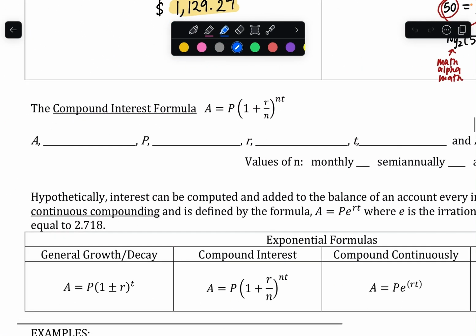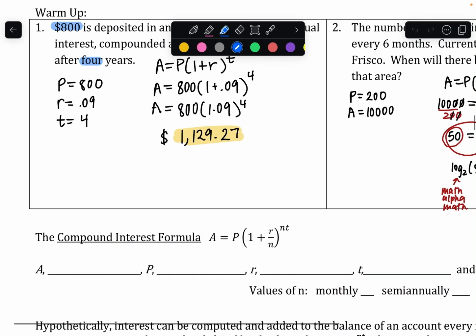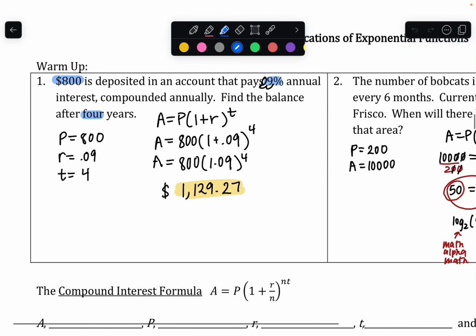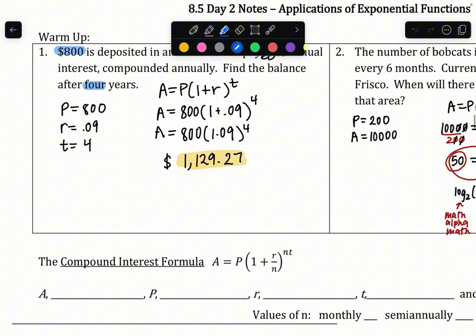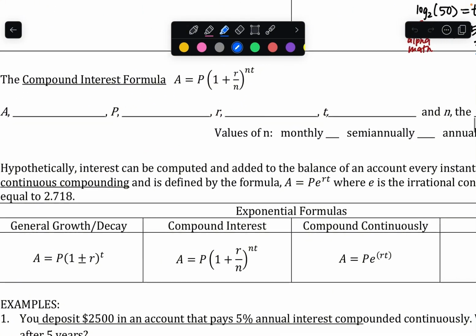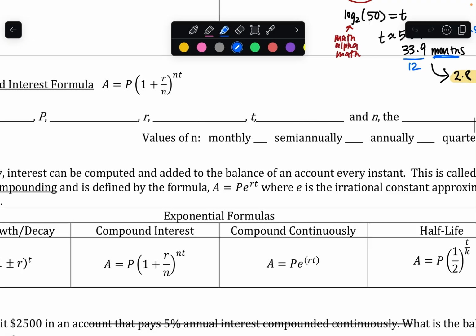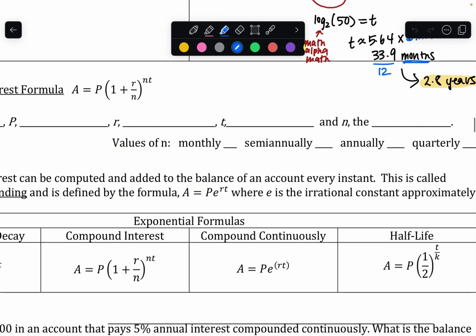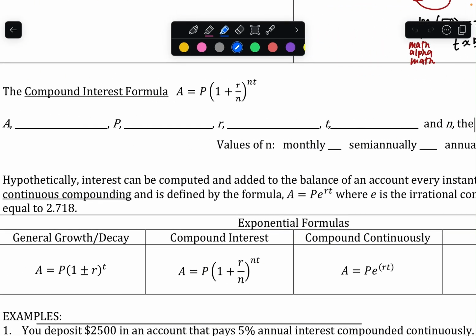All right, so now we've done examples where we are compounding annually. We haven't done any examples where we're compounding any other amount of time. If you are compounding, say, monthly, semi-annually, annually, quarterly, you're going to have a different formula.